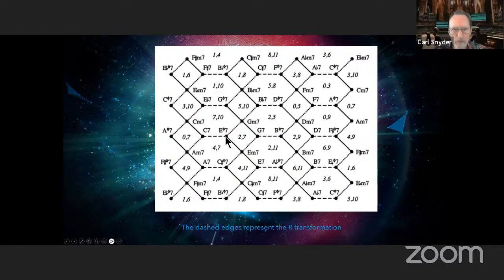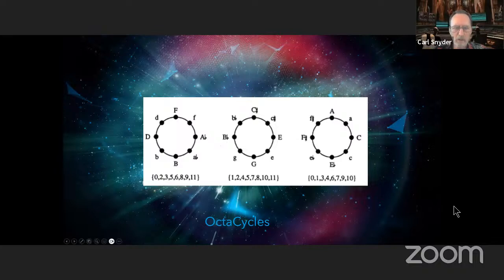Or perhaps we should say E diminished 7 to C dominant 7. So now, because we're dealing with 7 chords, we have to dredge up the matter of octacycles. Like hexacycles, they just have 8 notes. And as we recall, these are symmetrical. These are the 3 possible octacycles that there are.